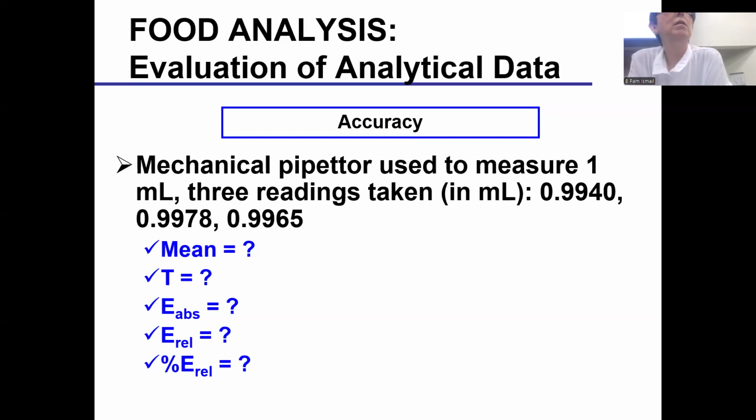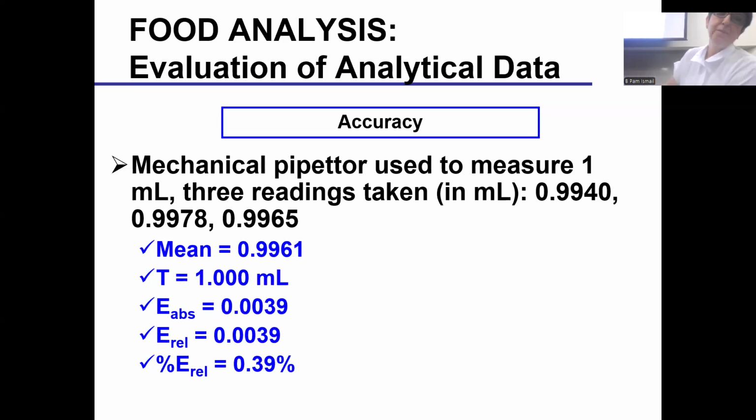Same thing, because it's divided by 1. Yep. And then now percent relative error, you just multiply by 100. So this is very, very accurate.